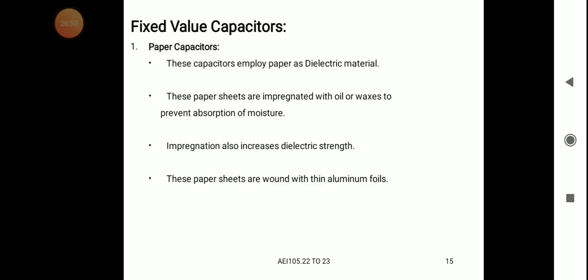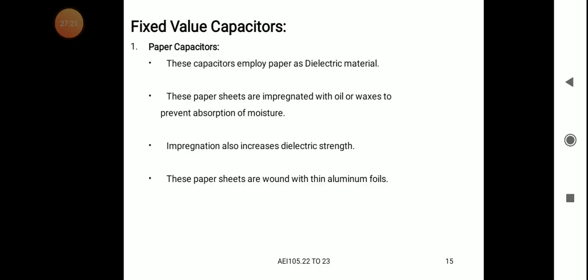The first one is the paper capacitor, where we use paper as the dielectric material. The classification is fixed value capacitor, so the value of the capacitance is not changed.